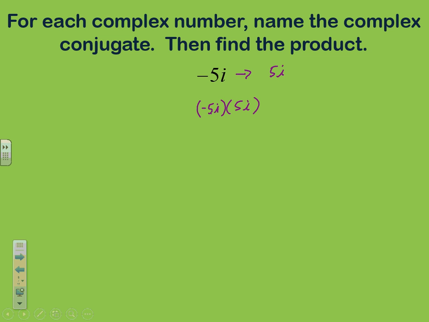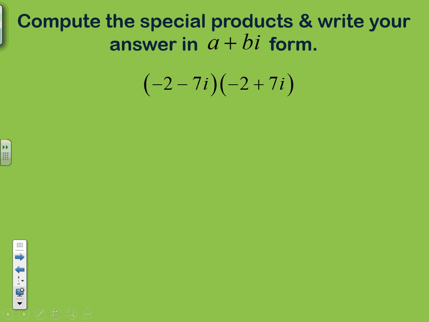So the negative 5 and the positive 5 give me negative 25. I times I gives me i squared again. And i squared is just negative 1, so ultimately we're left with just 25 for that particular example. Nice easy one because it's just the complex part. There's no real part that we have to worry about.